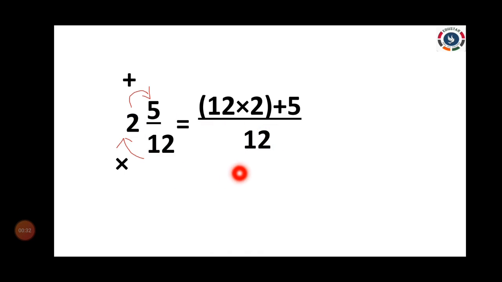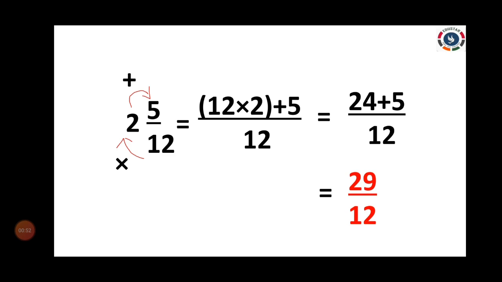The same denominator you have to write. Now tell me, 12 into 2 is how much? 24, plus 5, divided by 12. So you multiply, then add the remainder. 24 plus 5 divided by 12 equals 29 by 12.